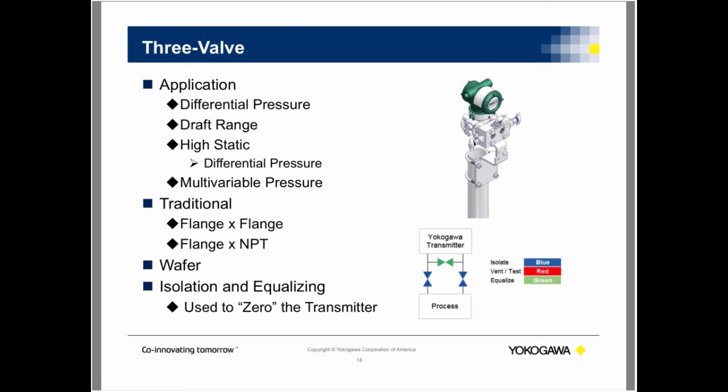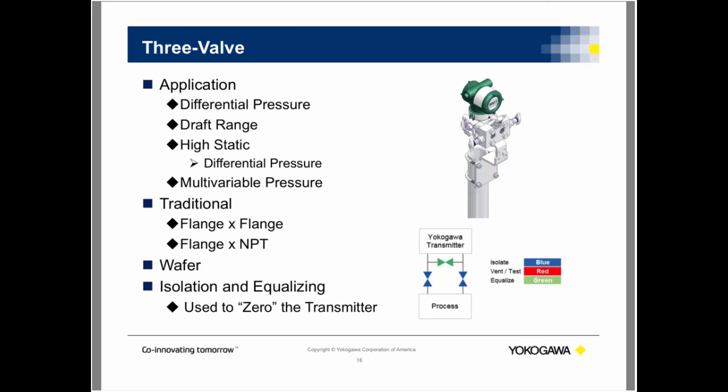In manifolds, it has 2 isolations and 1 equalizer. Now, as I said, the 3-valve is used for instrument isolation, instrument zeroing, and you can also find it in liquid and vapor services.